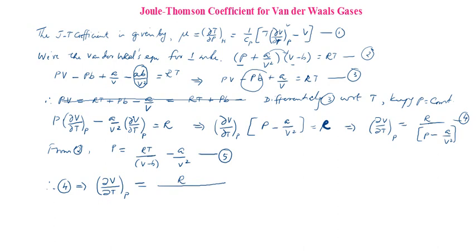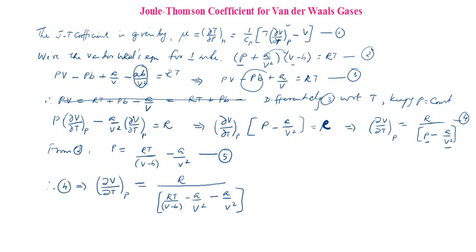Instead of P, I will substitute, using a square bracket, from equation number 5, that is RT by V minus B, minus A by V square. Then there is already a minus A by V square there. So that is dou V by dou T at P.